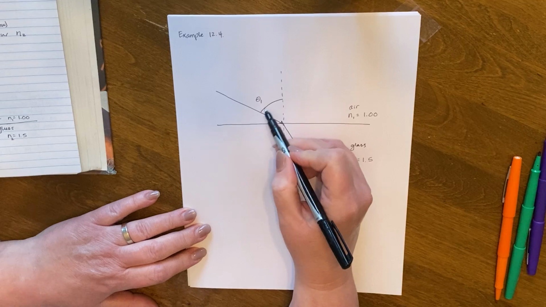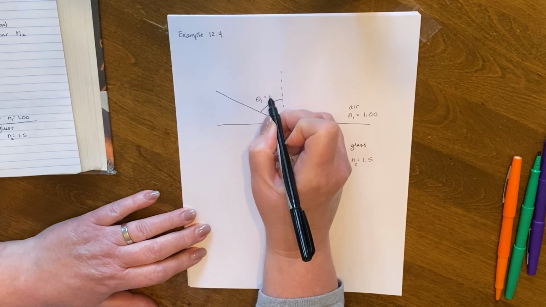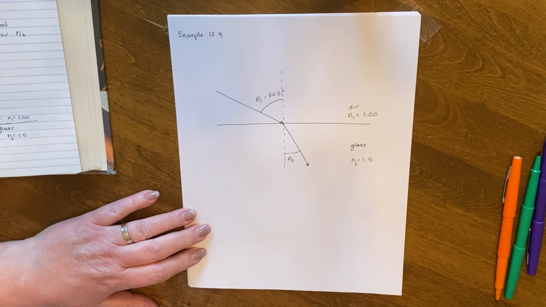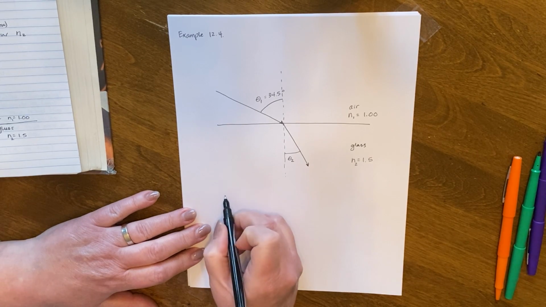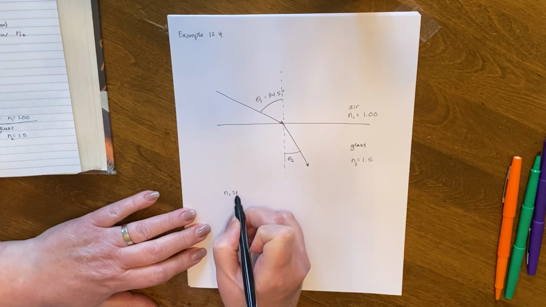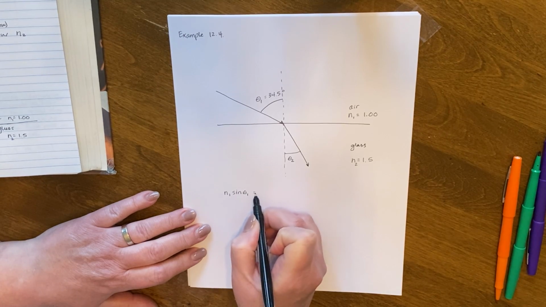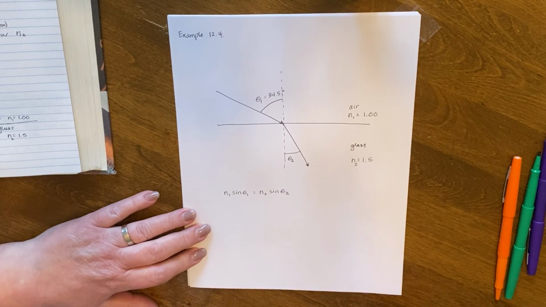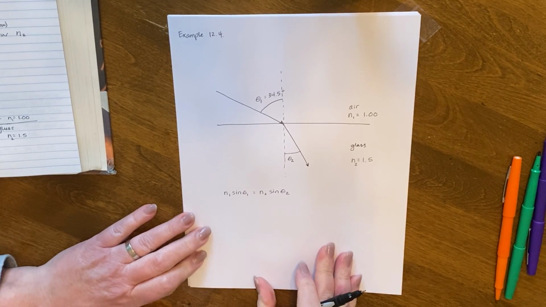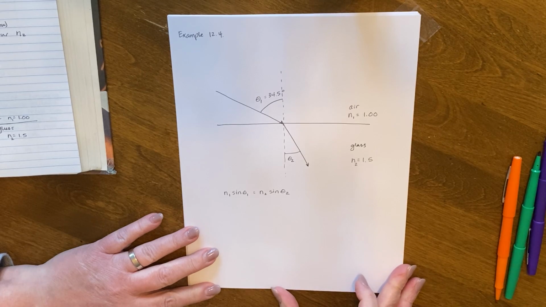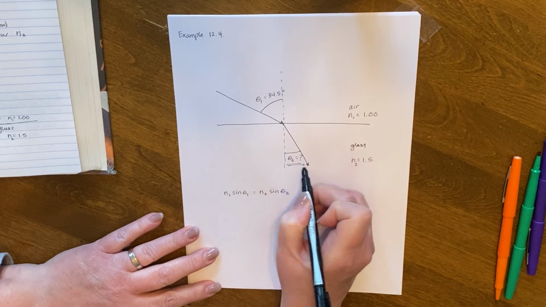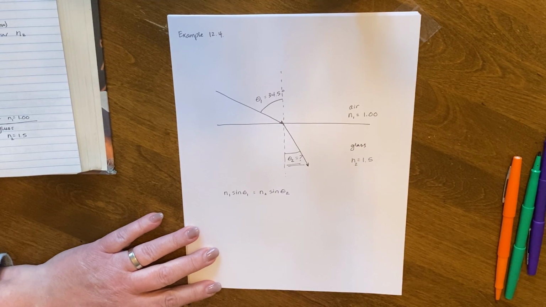Now remember, this is the angle of incidence, so we know that's 34.5 degrees. So Snell's law says that n1 sine theta 1 equals n2 sine theta 2. And the problem is asking what is the angle of refraction, so we're trying to solve for theta 2. All right, so let's look at how we solve for theta 2.